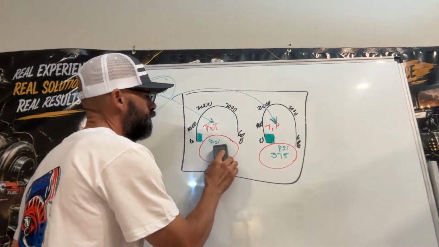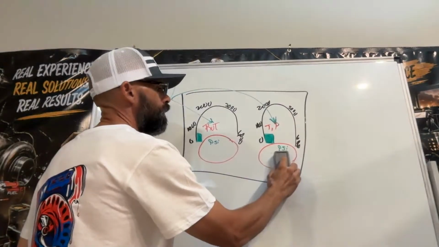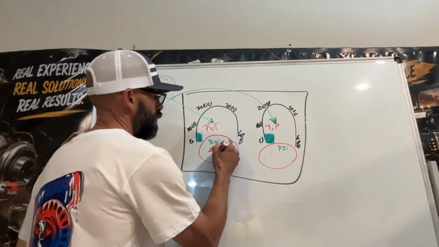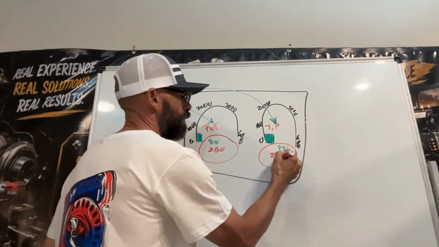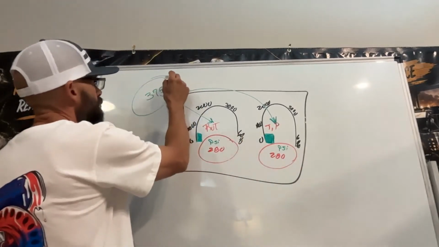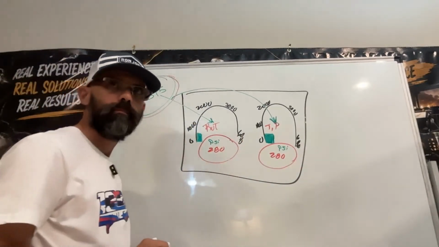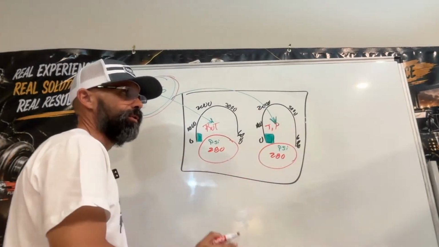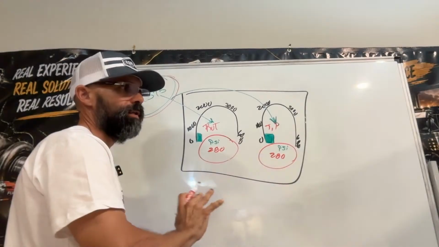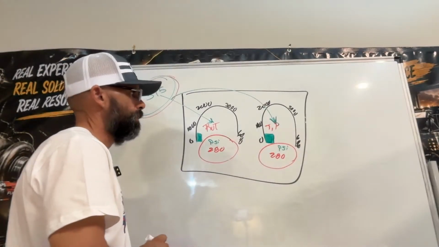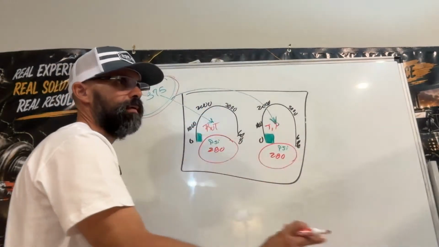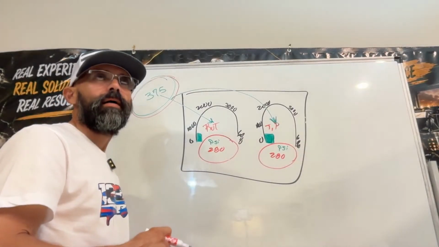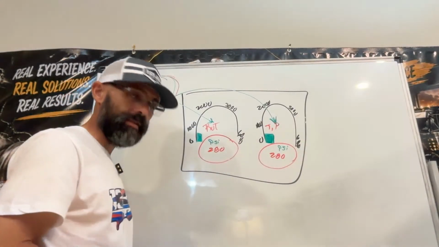Let's do 280. And the system calls for 375. This equipment has to be adjusted, the charge pressure on all Vermeers, all Ditch Witch, American Augers, and basically they all have to be adjusted at high RPMs, high idle, because that's how the machine works.